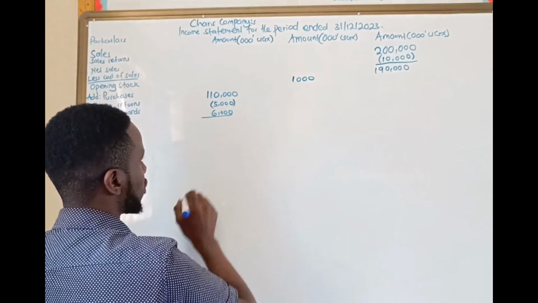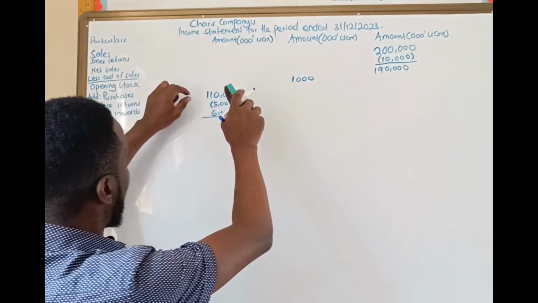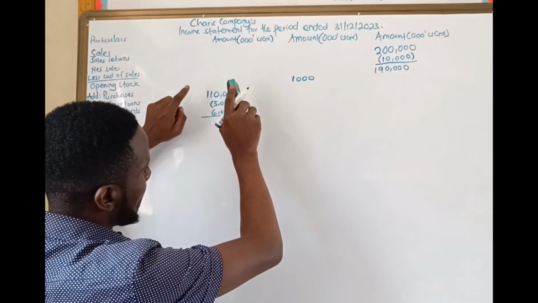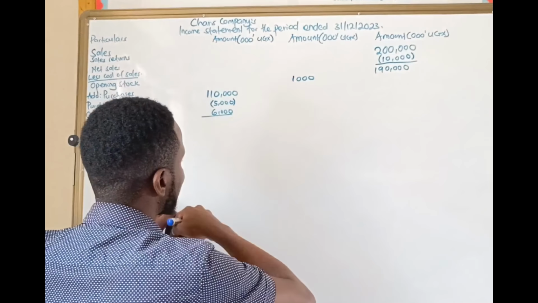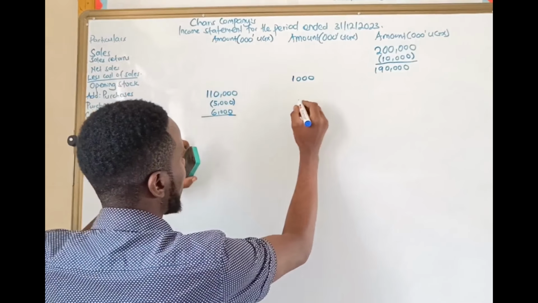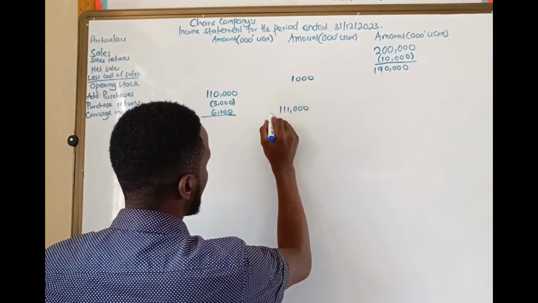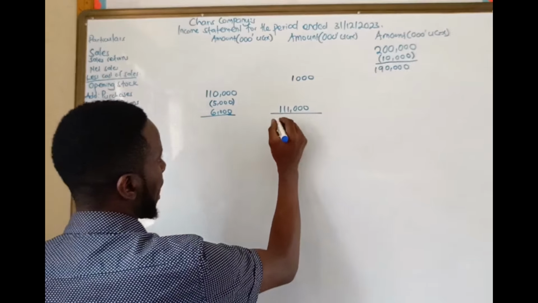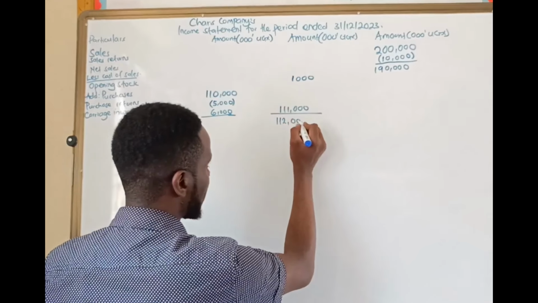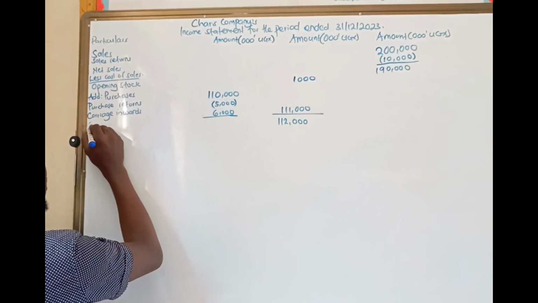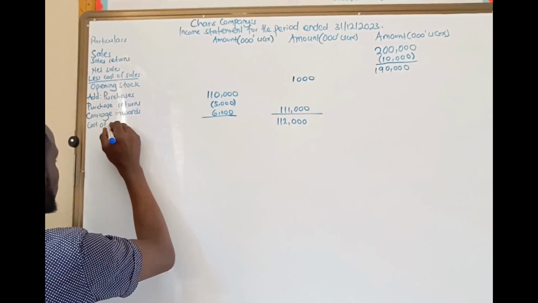So we take the total. Now, that means we shall have 110,000 minus 5,000 plus the 6,000. And we shall take the total as 111,000. So when we add this plus this, we shall have 112,000 as our cost of goods available.